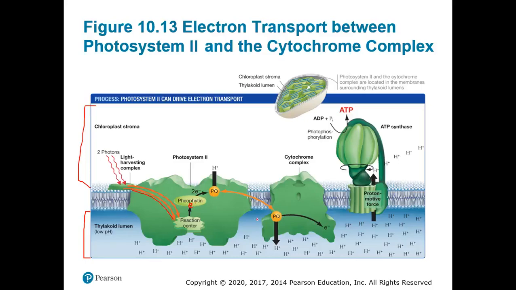And each time it's shuttled, those protons get pumped in, and then those protons exit ATP synthase and create ATP. So don't reinvent the wheel here. It's the same process that we saw with our cellular respiration, just a few slight differences.